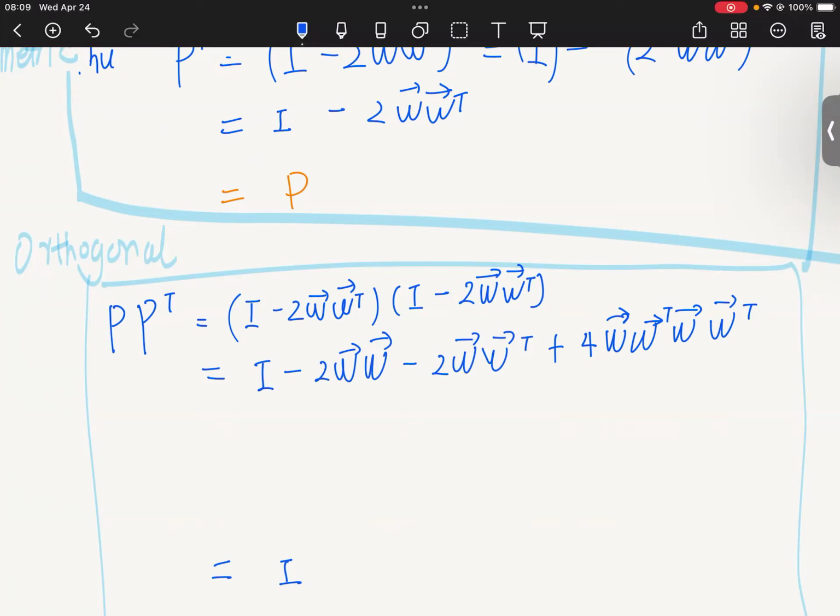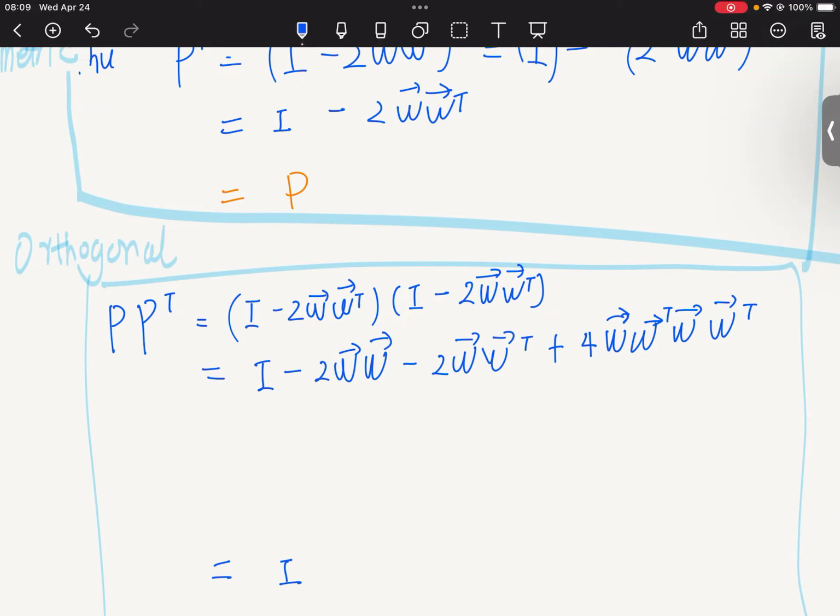This is matrix multiplication, and matrix multiplication has its associative law, which means we can place the parentheses in this expression without changing the value.